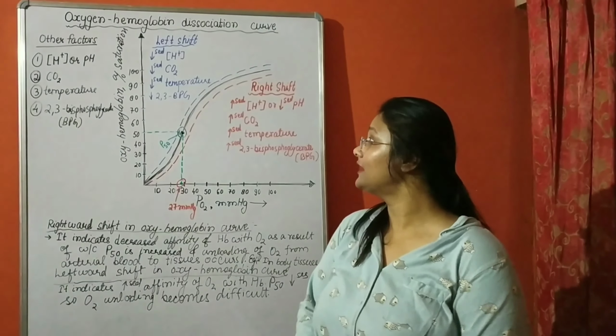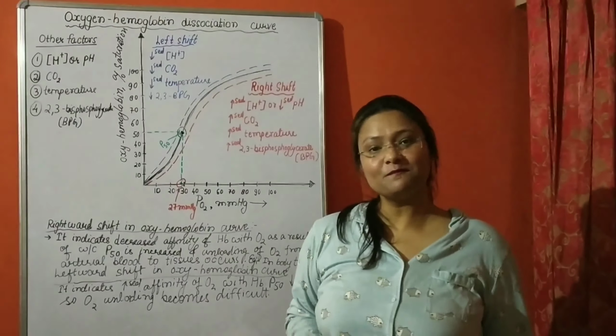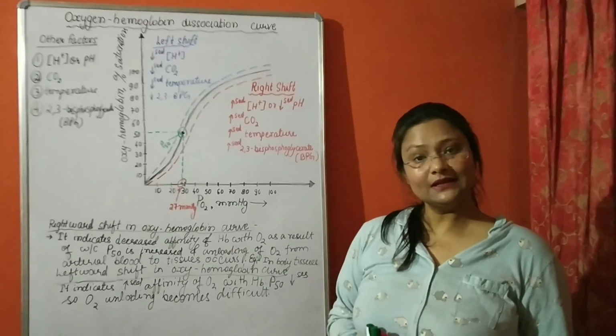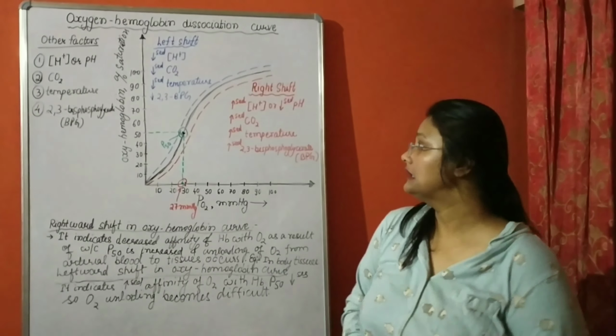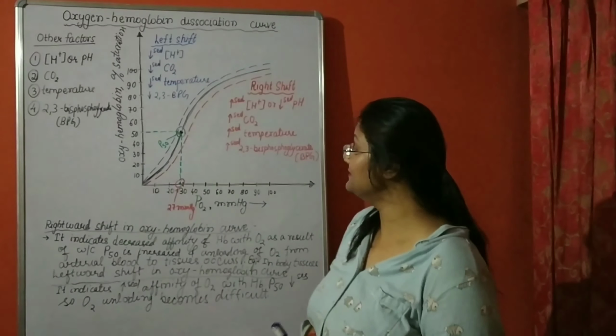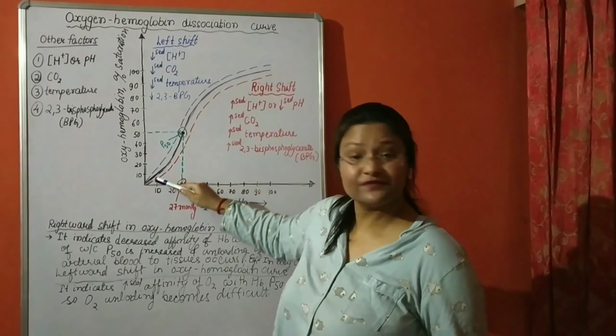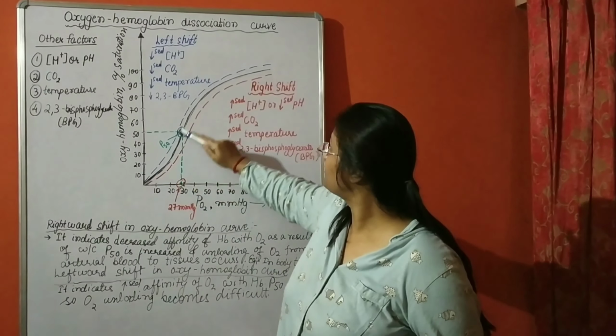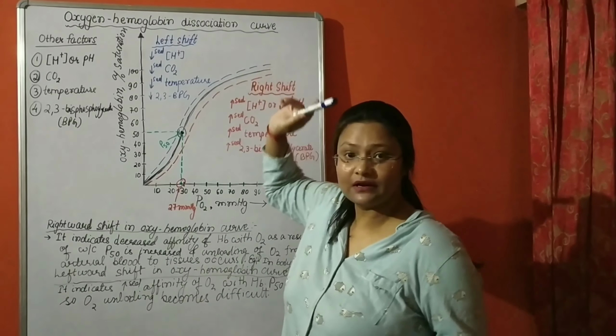Students, these are the 4 other factors apart from PO2 which affect the binding of oxygen with hemoglobin, and they are the factors which can shift this black colored line, which shows the ideal condition of oxyhemoglobin curve.